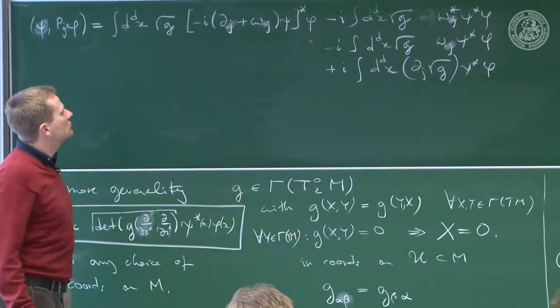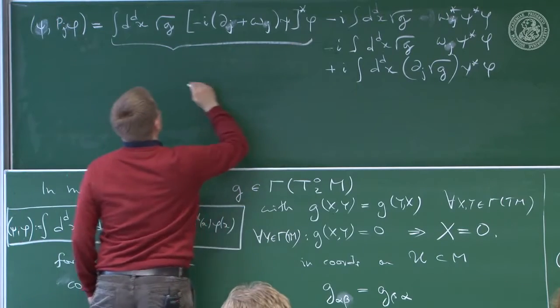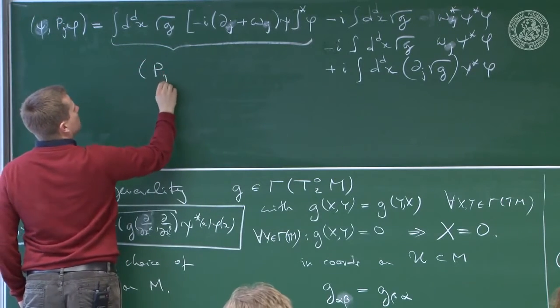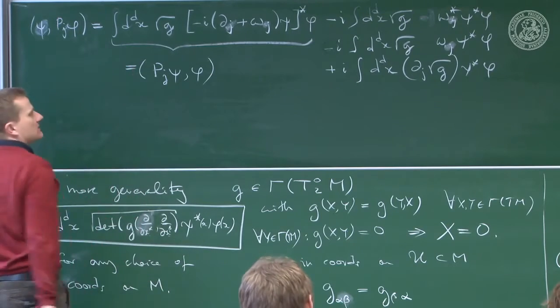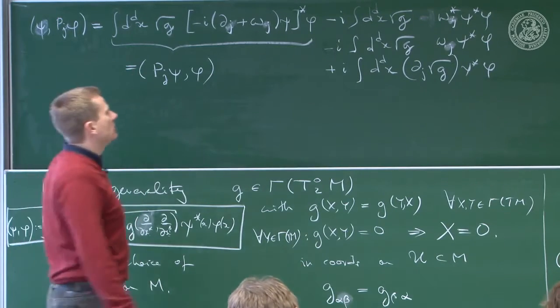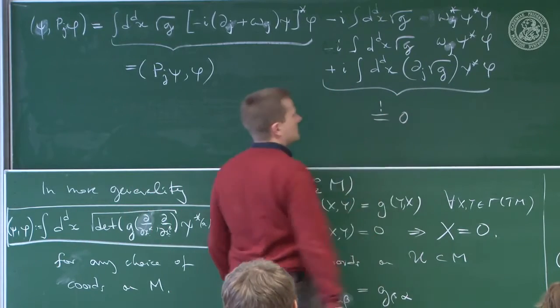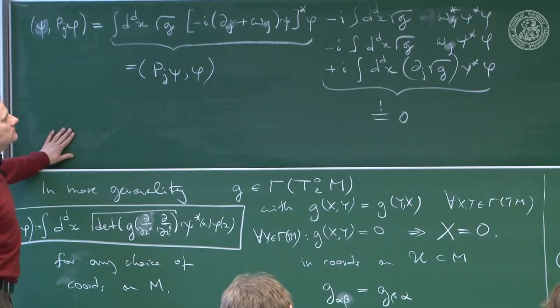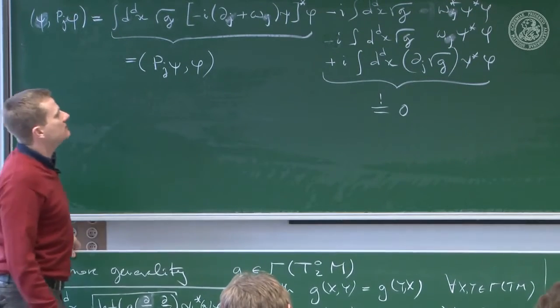Aha. So what do we conclude now? We know that this guy here is p_j psi comma phi. So this is precisely what we want. So all these terms ought to cancel. So how do we get this?